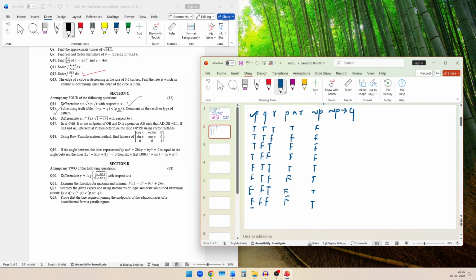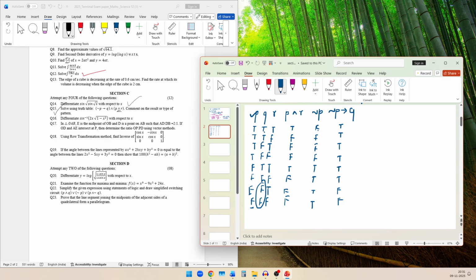Negation p is over here, q is over here. So the first four are false, for which the answer should be true. Next four are true, so I have to take the second input into consideration. Wherever there is false here, there I will write false as the answer. And the first one would be true.